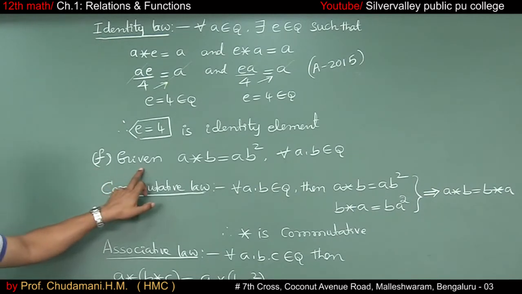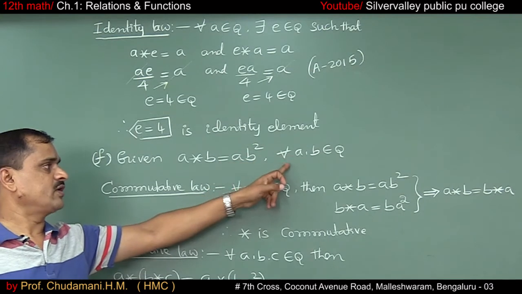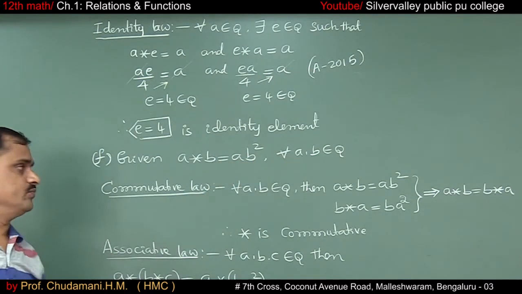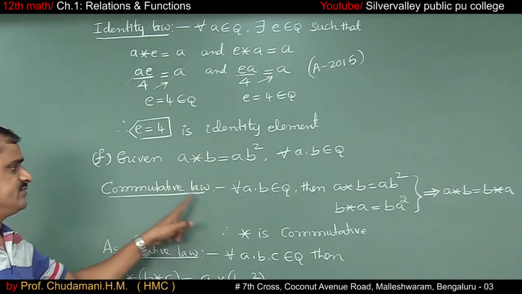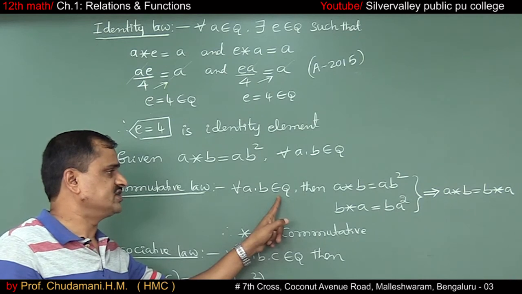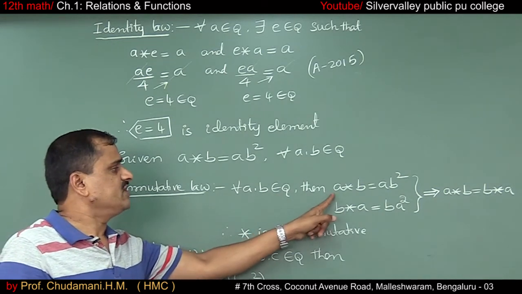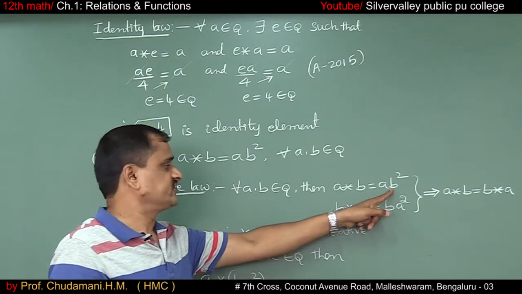F, given A star B equals A B square, for all A, B belonging to Q. A star B means A B square. Let us verify commutative law. For all A, B belonging to the set Q, A star B means what? A B square.